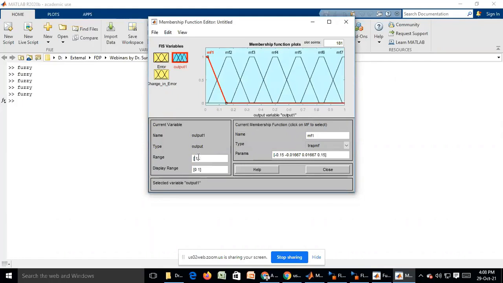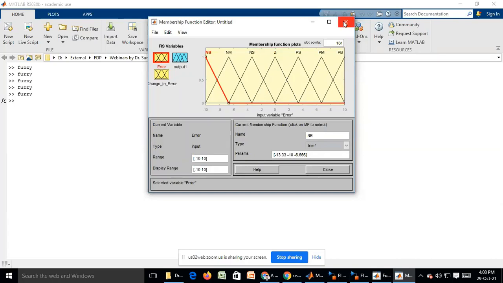Mostly we will consider 3, and it should be the same. We will consider that tomorrow, I'll show you. So here also 0. Why am I changing these values: 0, positive small, positive medium?